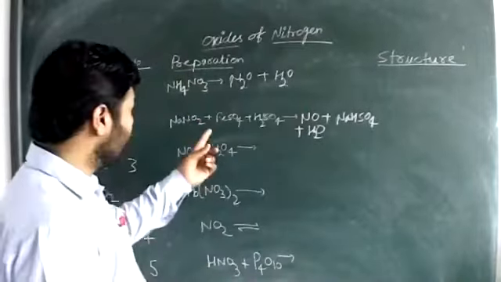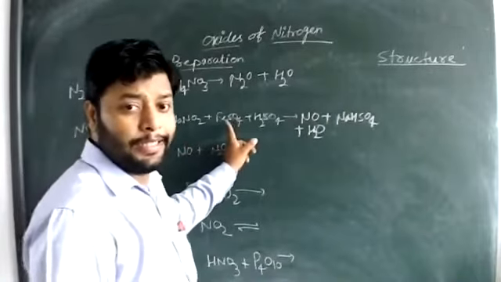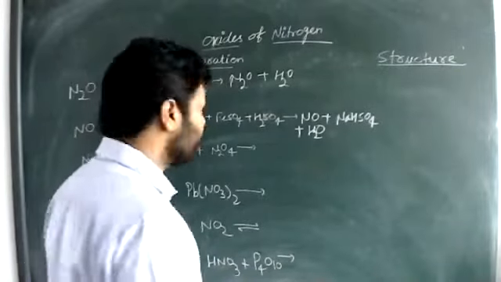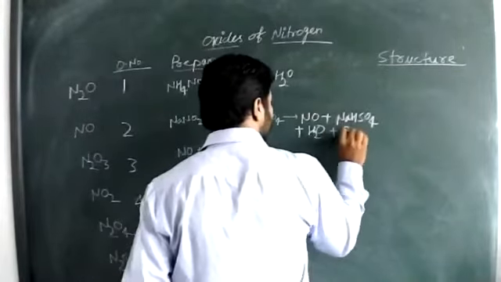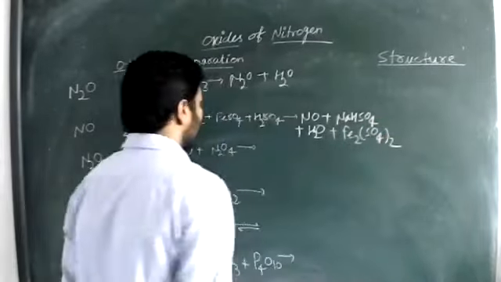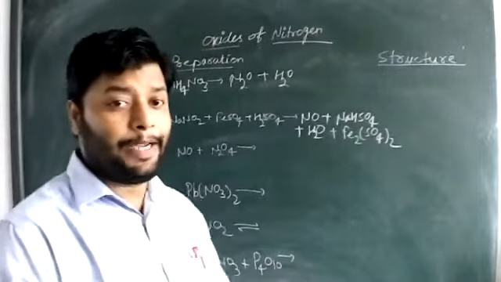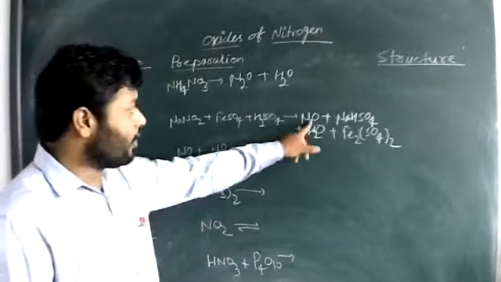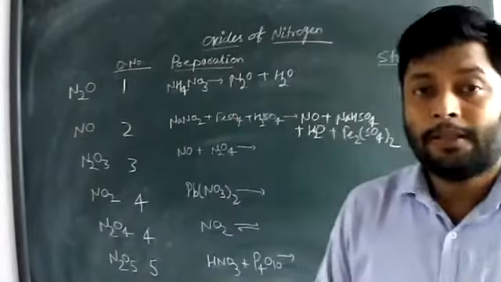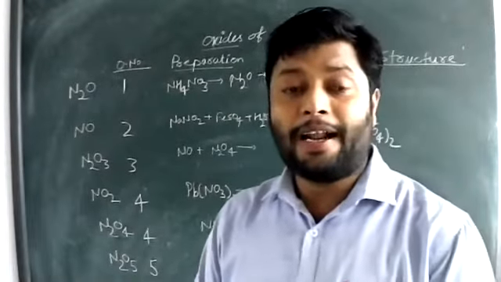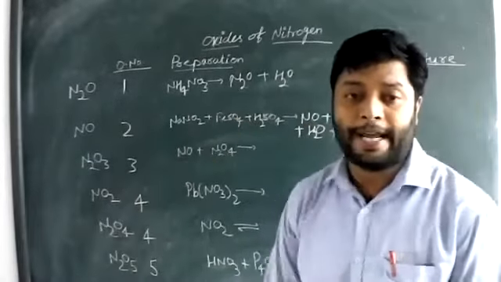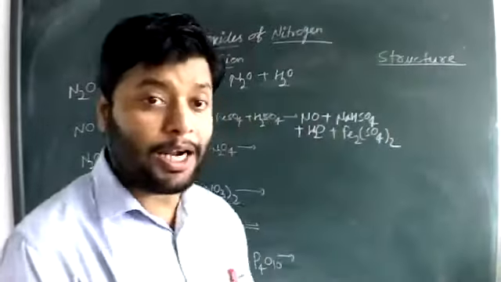The next product will be ferric sulfate. This is ferrous sulfate that will change into ferric sulfate. So nitric oxide, a colorless neutral gas, can be produced with the help of sodium nitrite, a very reactive salt we are having.